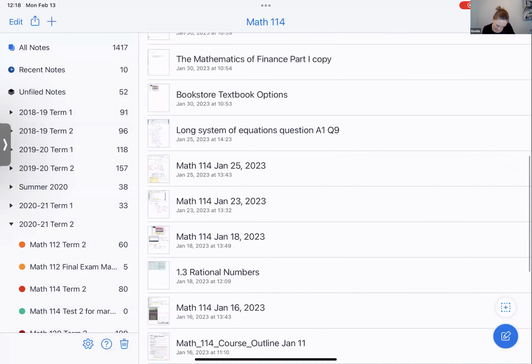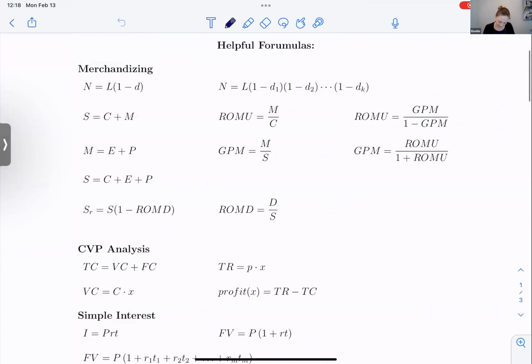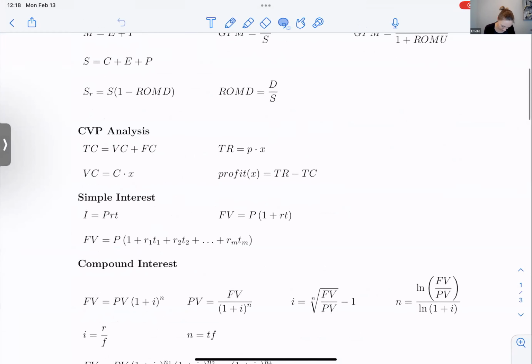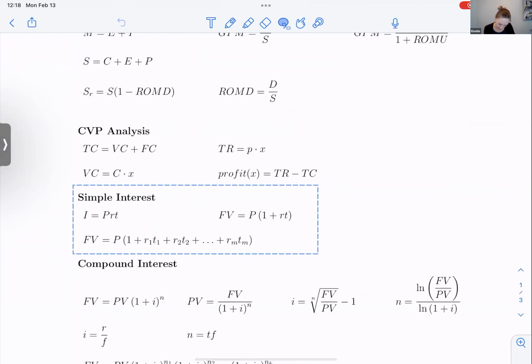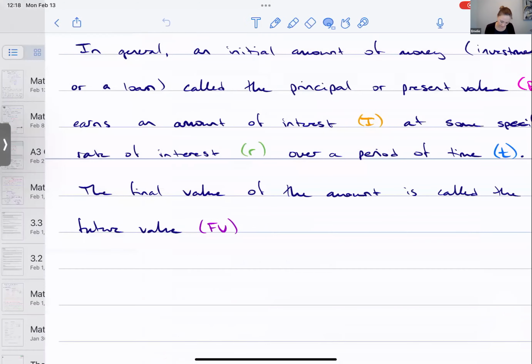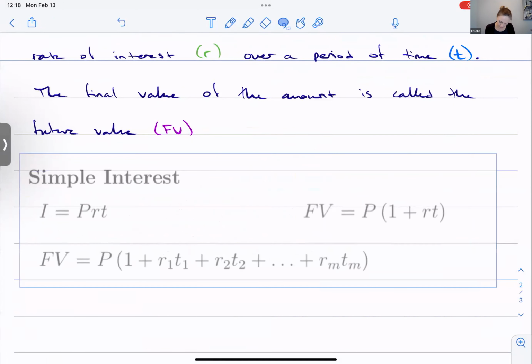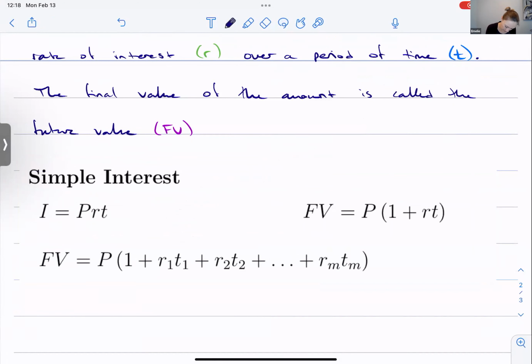Hey, where is it? There. So for chapter 4, these are the formulas.